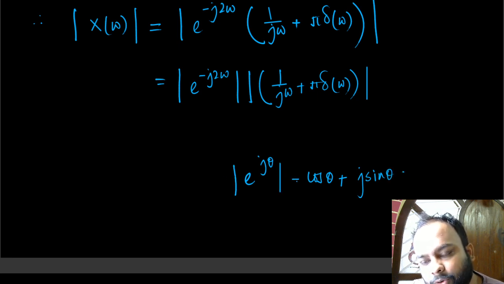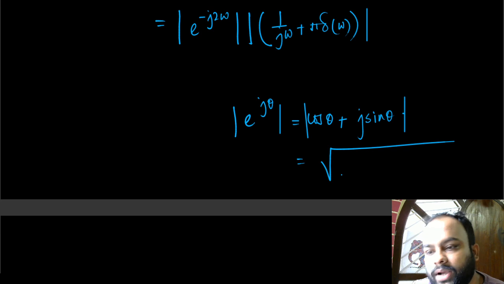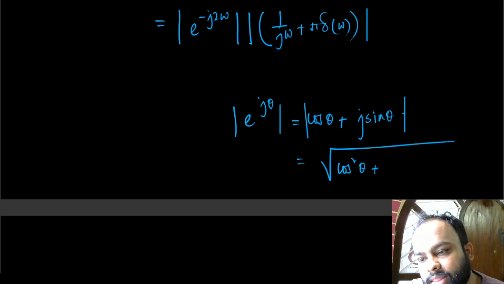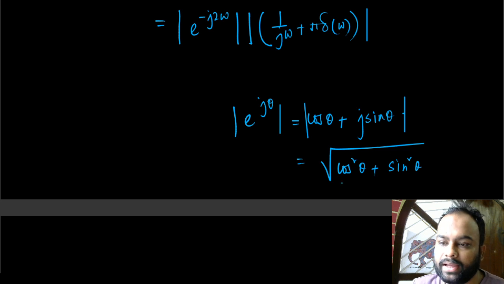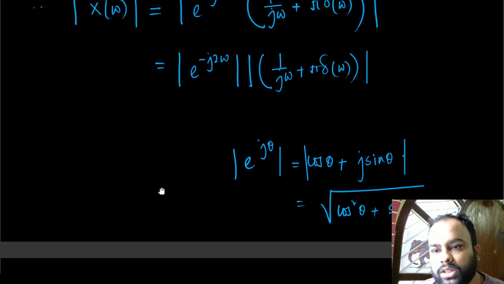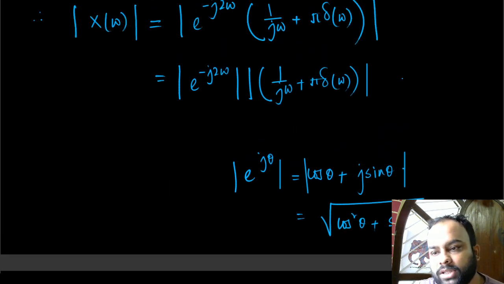From complex number theory, the modulus of this quantity is going to be the square root of cos square theta plus sin square theta. So the modulus of x plus jy is the square root of x square plus y square. That's going to be equal to 1, right? So this quantity has a modulus of 1.